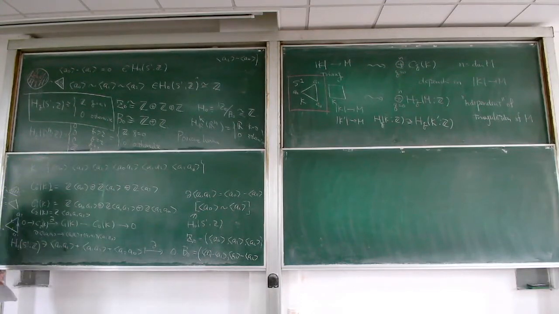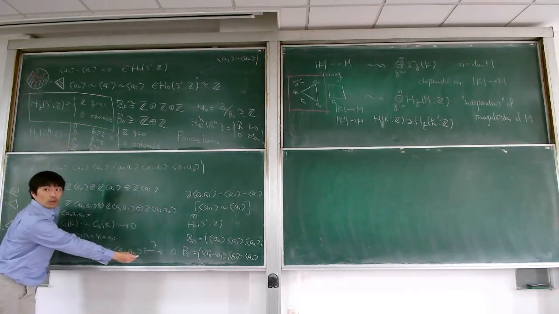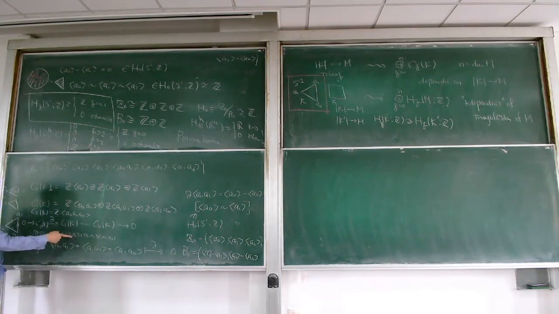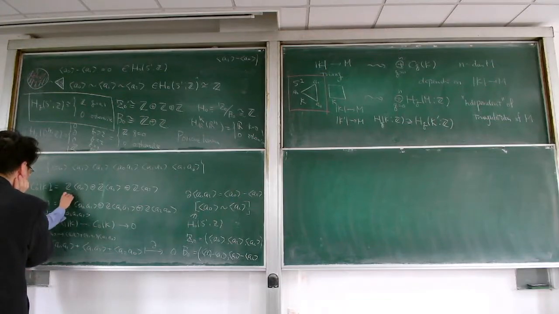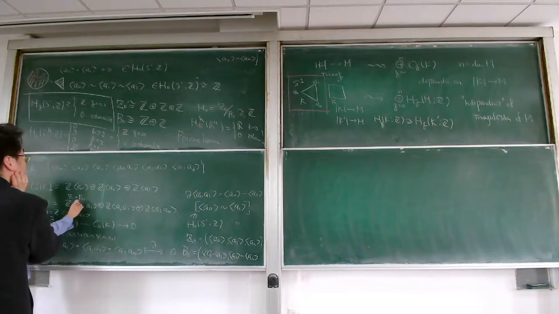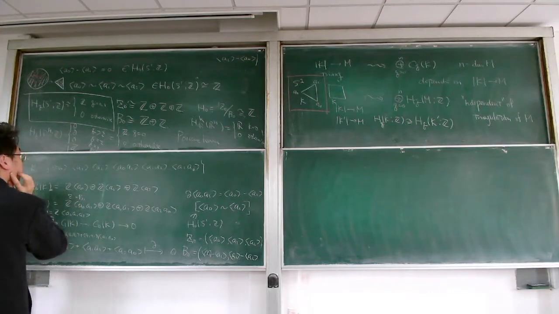In one case we only know that this guy is a one cycle, but it's an image of the boundary of a two cycle, a two simplex. Therefore, it becomes trivial. So Z1 is equal to Z1. Therefore, homology is trivial.